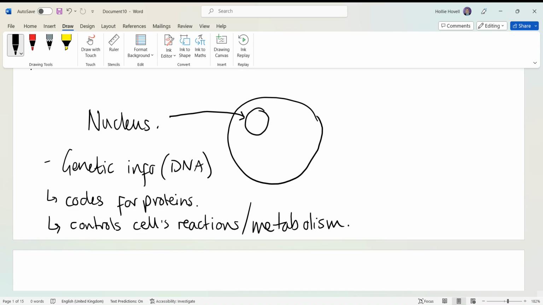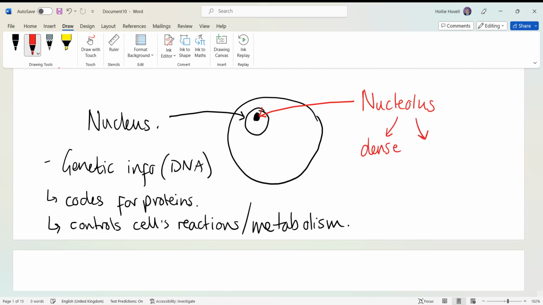Now, in the nucleus, we're always going to see a little darker region within there. And that little darker region in the nucleus, just there, is called the nucleolus. Now, the nucleolus is very dense.